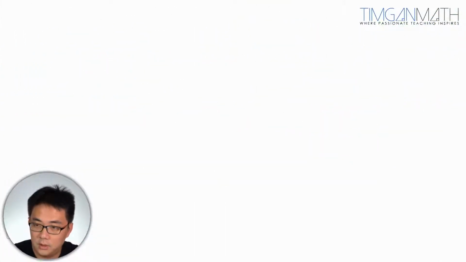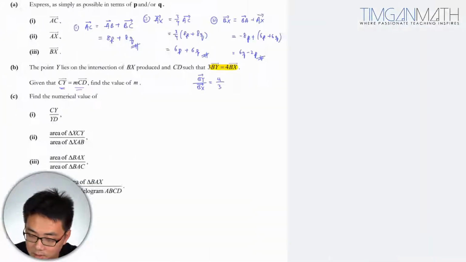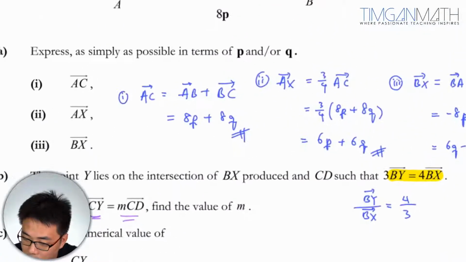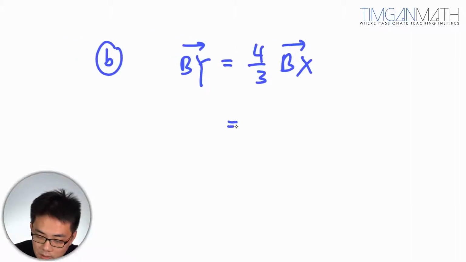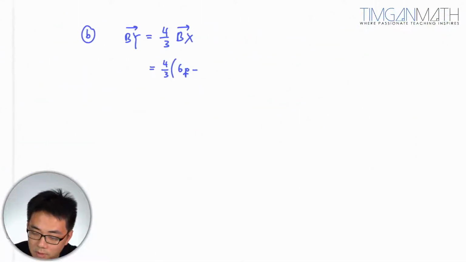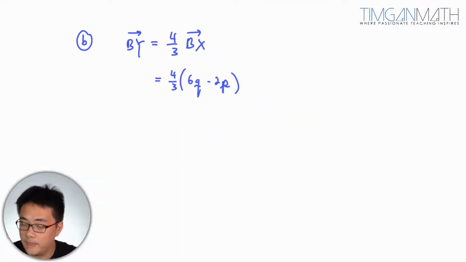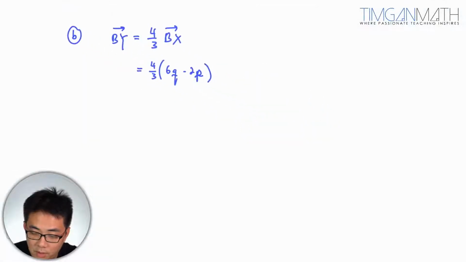This is part B. BY is equal to 4 over 3 BX, and because we already have BX, which is 6q minus 2p.